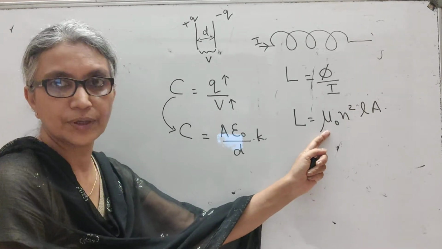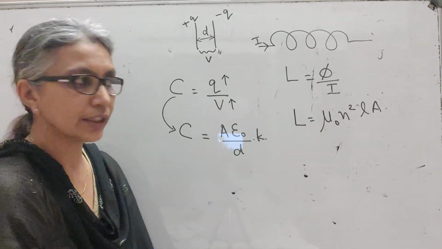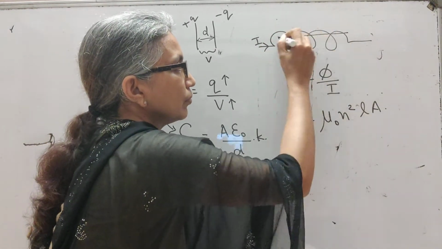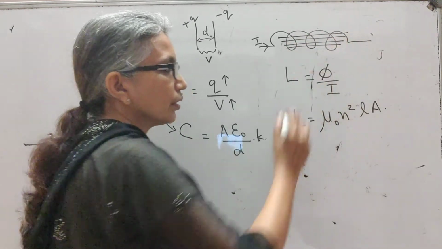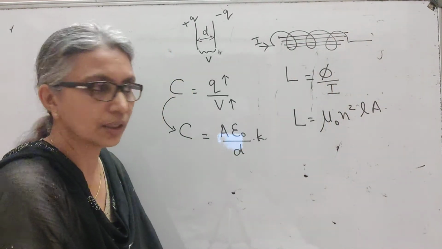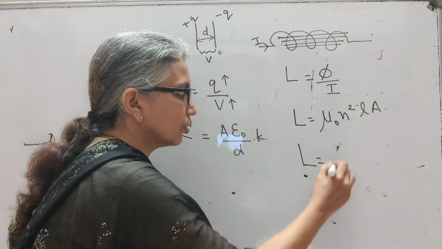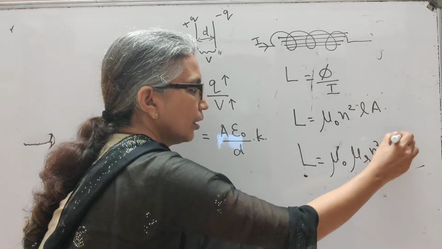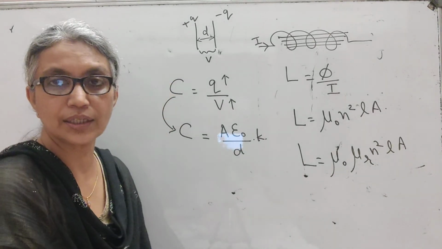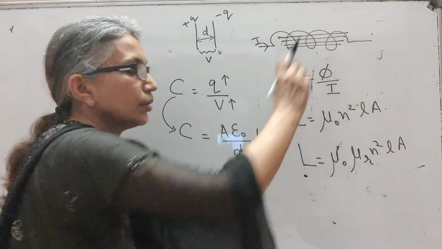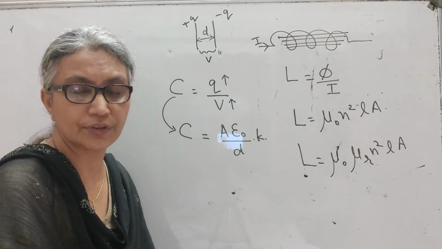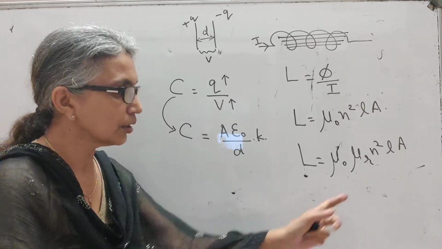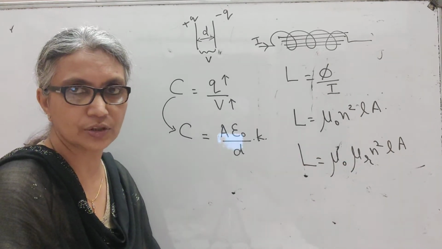Mu 0 is the permeability, and if it is inserted with any other material, let's say soft iron, then L becomes equal to mu 0 mu r n square lA, where mu r is the relative permeability of the magnetic material that you have inserted, the soft iron.